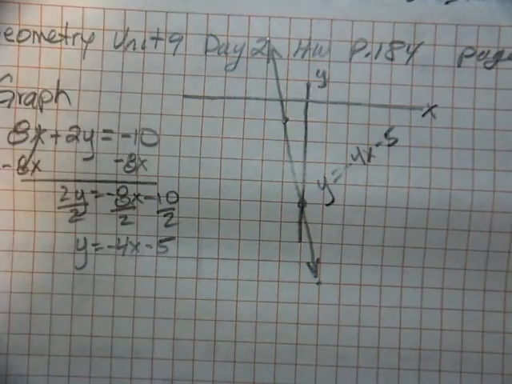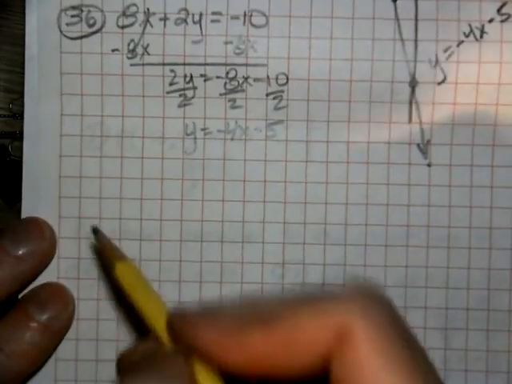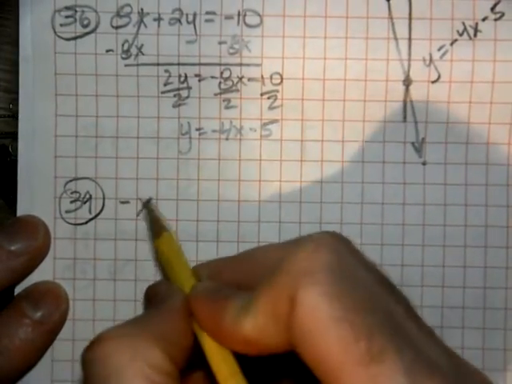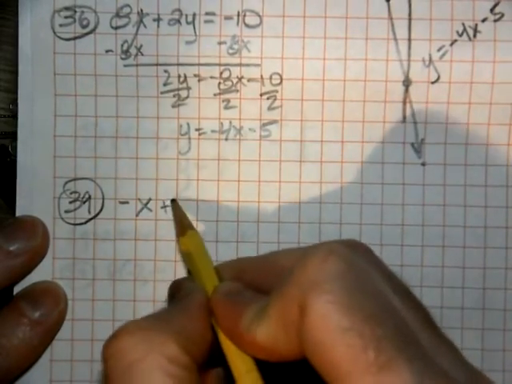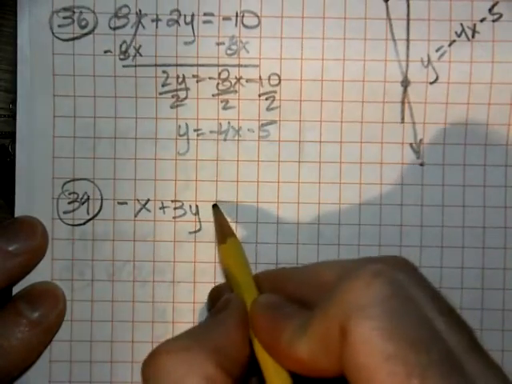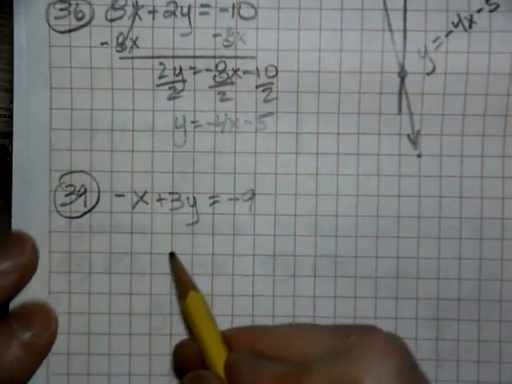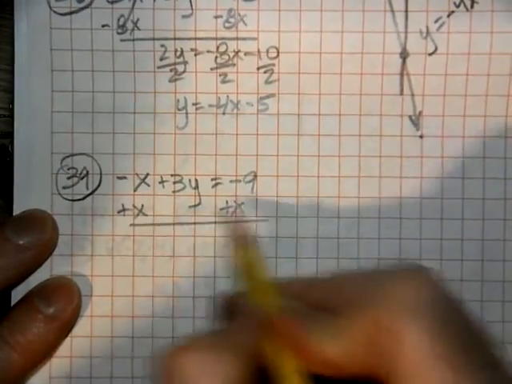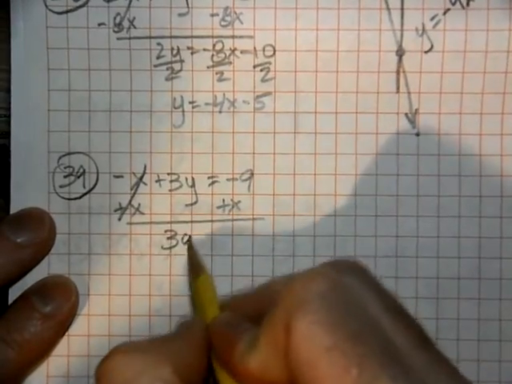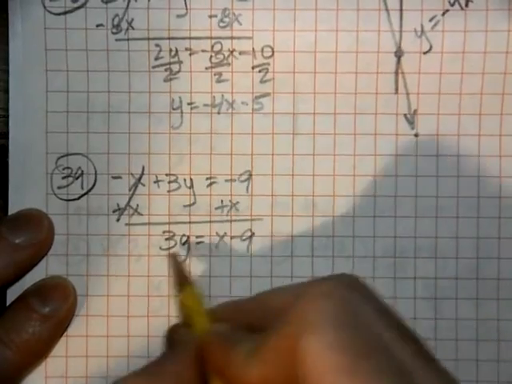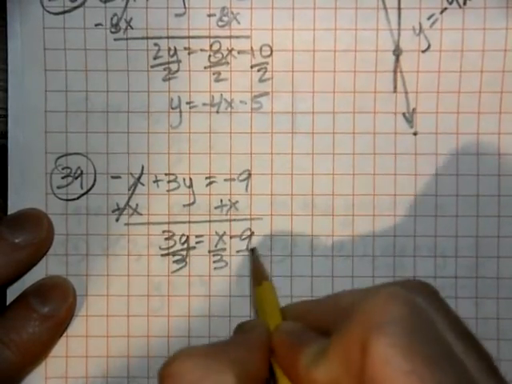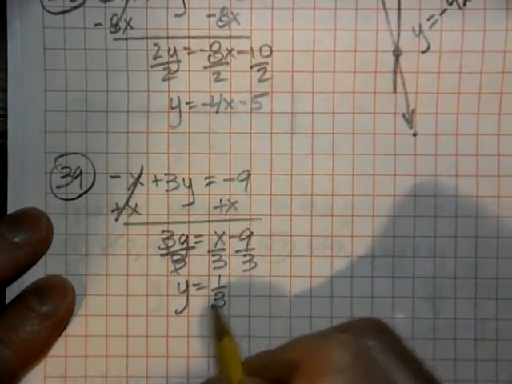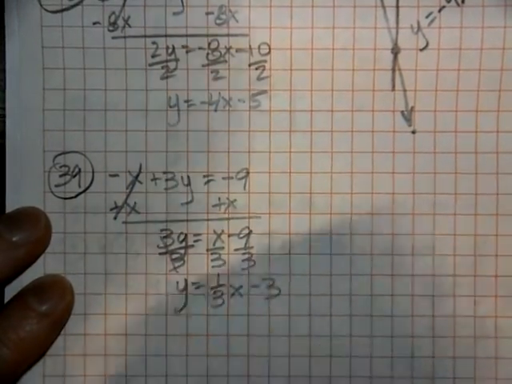Number 39. Negative x plus 3y equals negative 9. Again, this is in standard form. So we're going to add the x over to the other side. Divide by the 3, divide it to all 3 pieces. So that gives us 1/3 x minus 3.